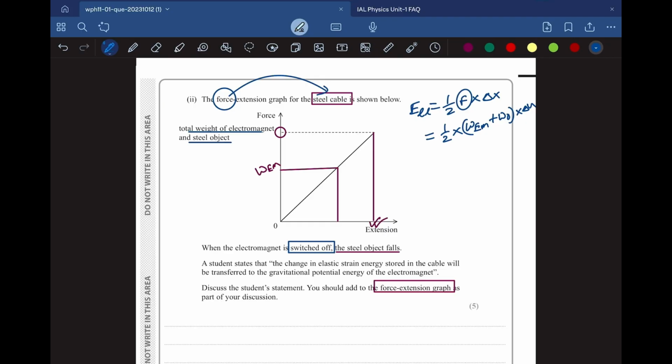And while writing the GPE, we can write GPE is equal to mass into gravity into height. And here, this mass into gravity is going to be the weight of the electromagnet solely. So we can write weight of the electromagnet into del x.